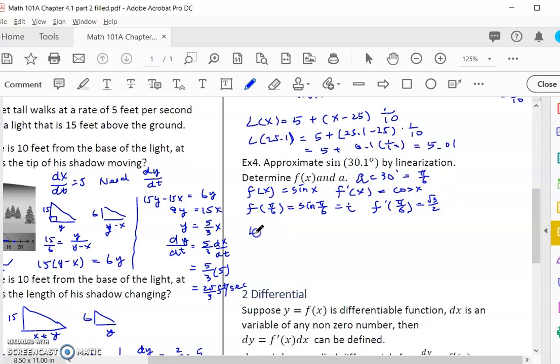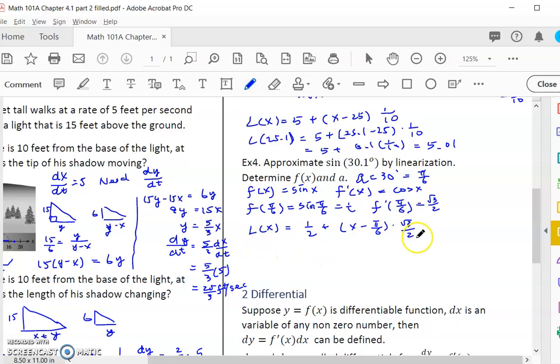So now let's do the linearization formula. The formula would be f of a, which is sine of pi over 6, 1/2, plus x minus my a, where a is pi over 6, times f prime of a, which is root 3 over 2.